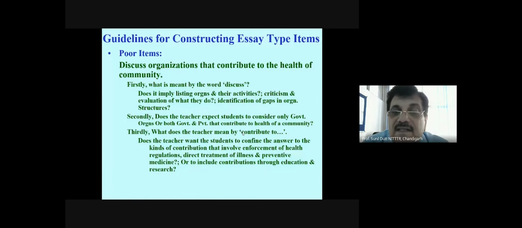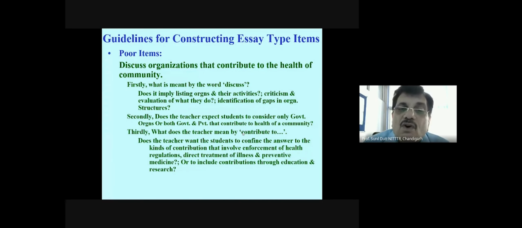Secondly, does the teacher expect students to consider only government organizations? Because it is not indicated in the statement of the question, or both government and private organizations that contribute to the health of a community? Not clear. That is why I am telling you this is a very global question, very vague. There is a lot of ambiguity. Thirdly, what does the teacher mean by contribute to?